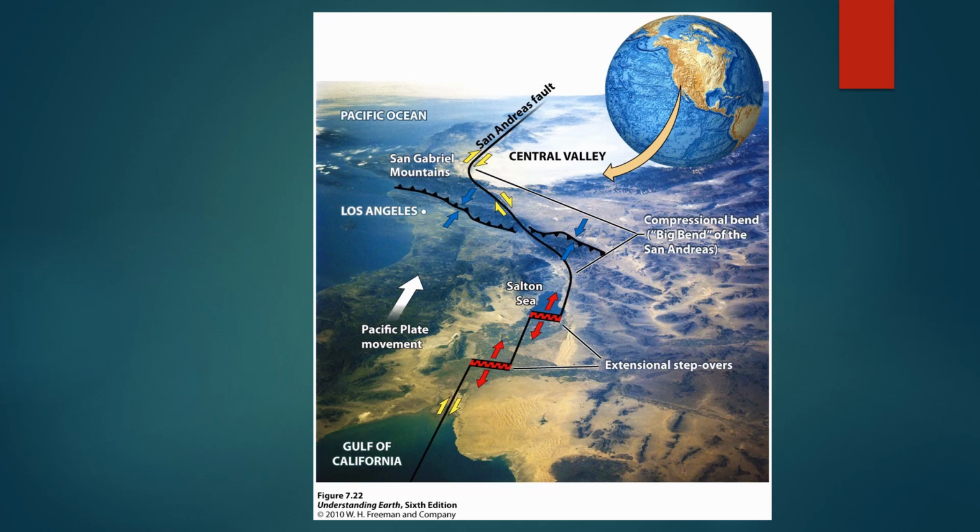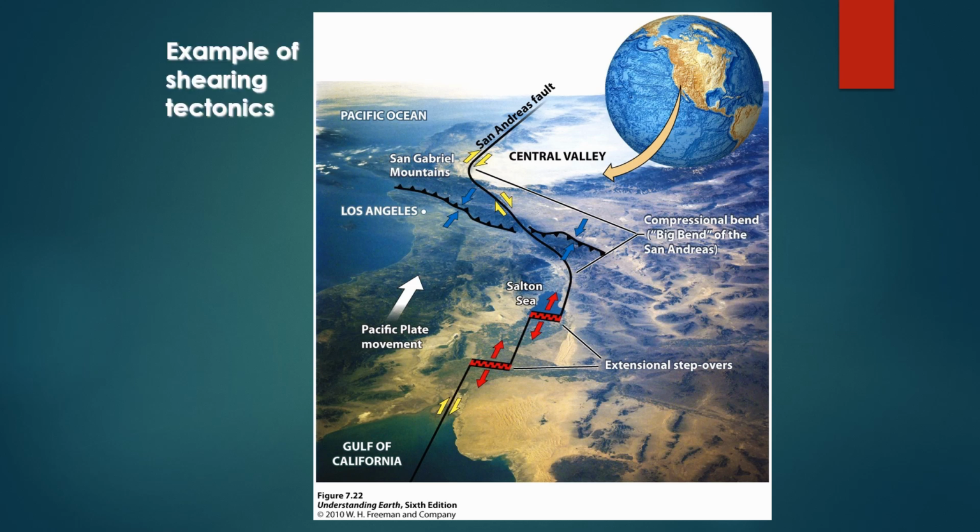However, because transform faults often have stepovers, such as the area marked with red and blue arrows in the picture along the major transform fault, the San Andreas fault, the red arrows mark where localized extension is experienced due to lateral movement of the fault blocks, while the blue arrows mark where localized compression is experienced due to the lateral movement of the fault.